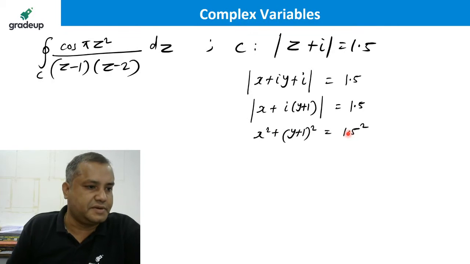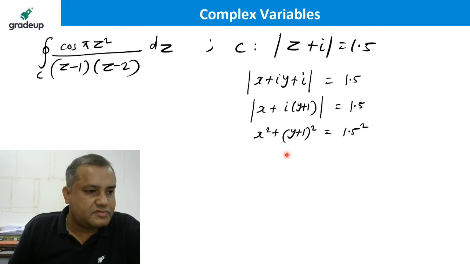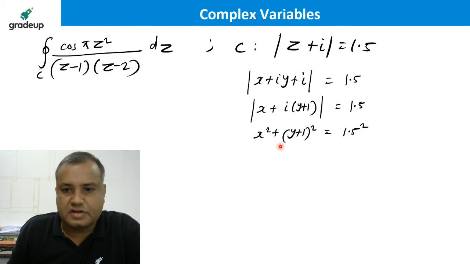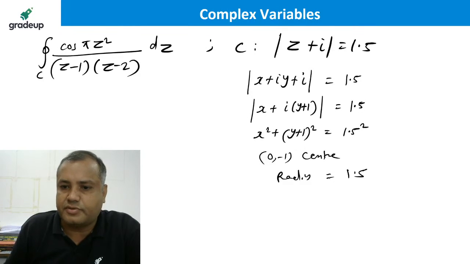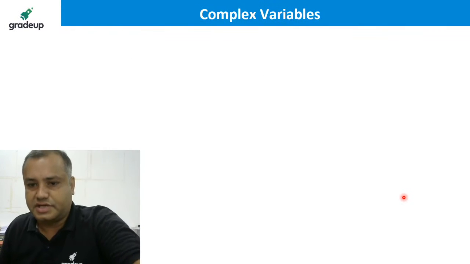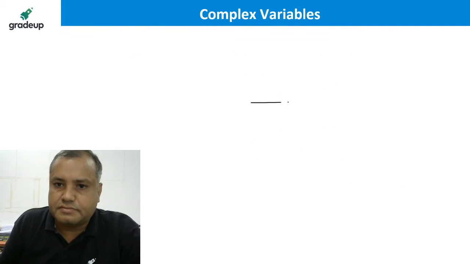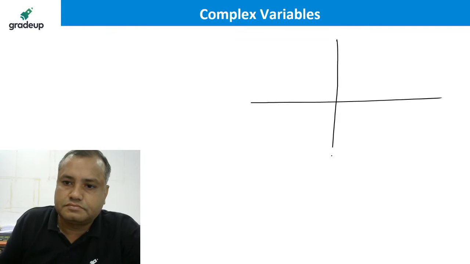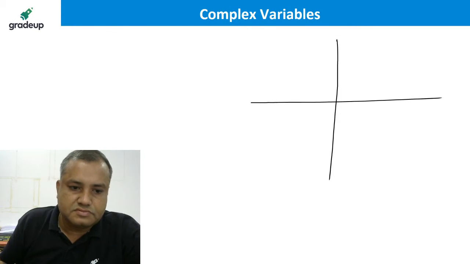This is the circle. Circle center is at 0, minus 1. Radius equal to 1.5. Good one. Center at 0, minus 1. Radius is 1.5.